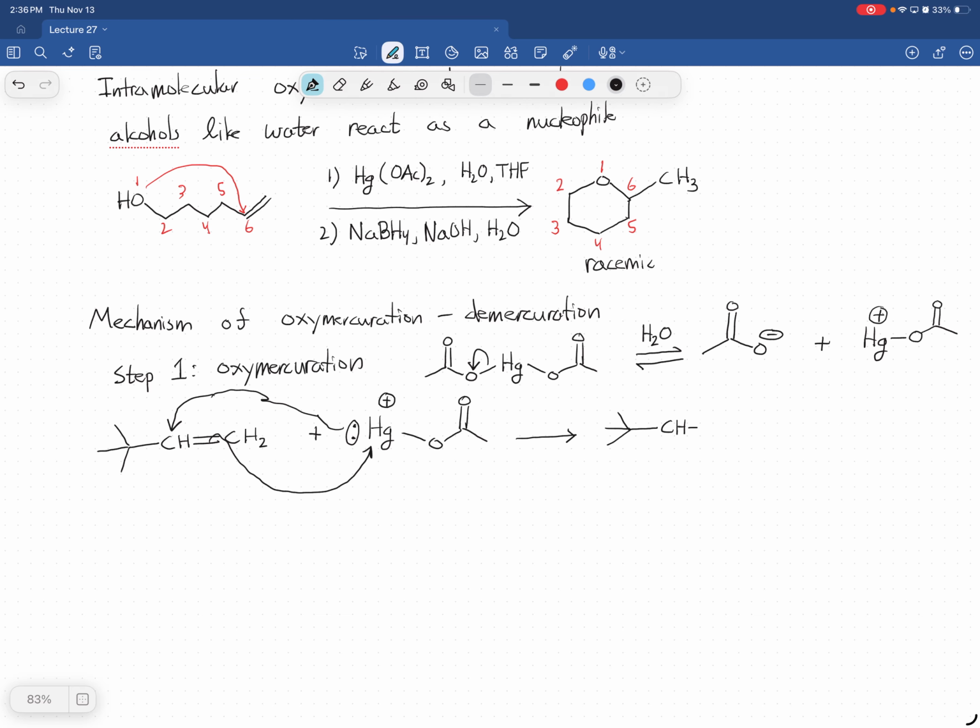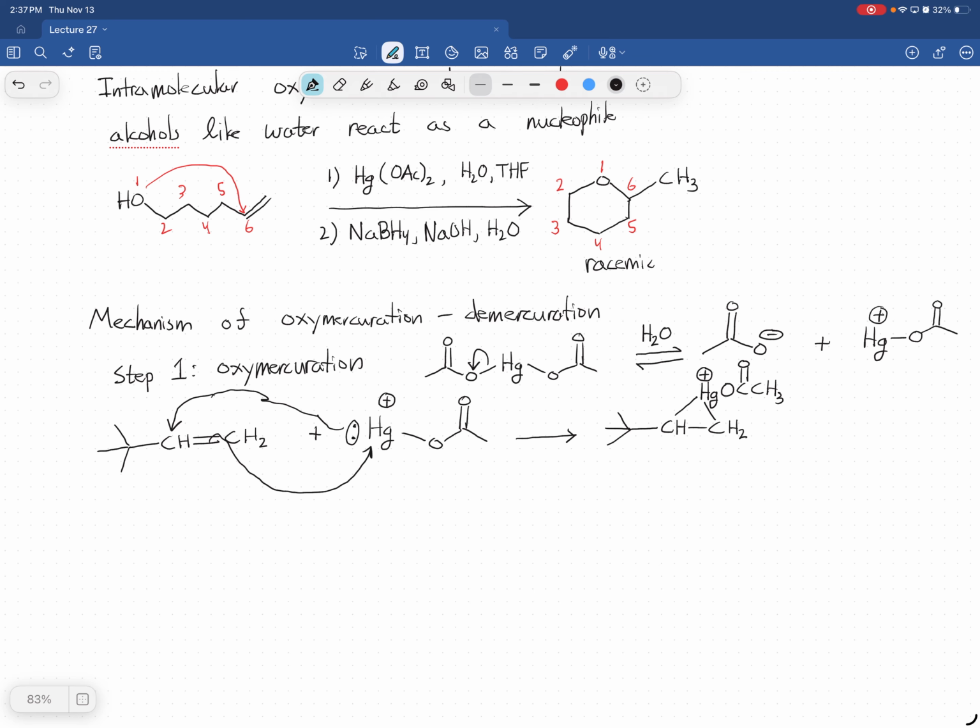CH, CH2. So we have a cyclic mercury intermediate.